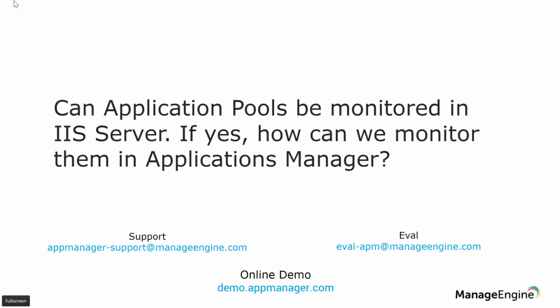So one of the web servers that Applications Manager supports is the IIS server. The IIS server monitor can monitor the IIS server's performance by monitoring its response time. In addition to that, you can also monitor the application pools that are available within the IIS server.